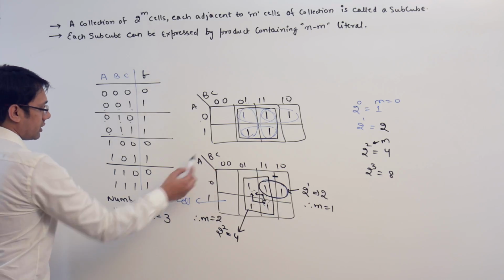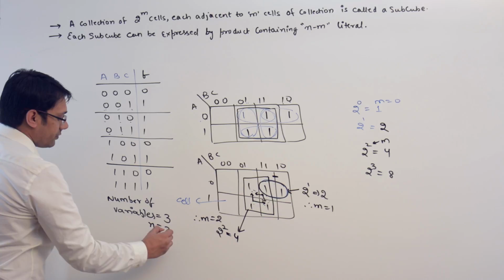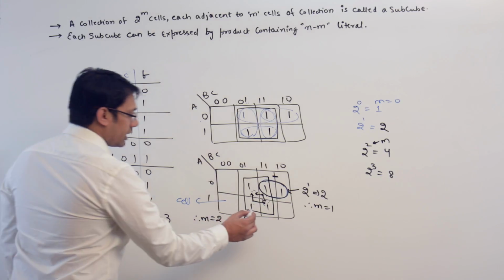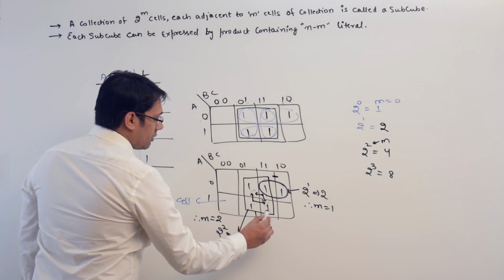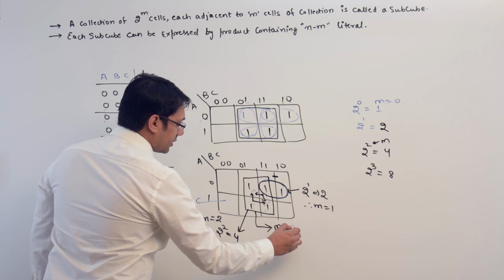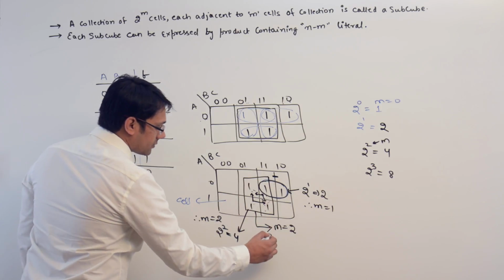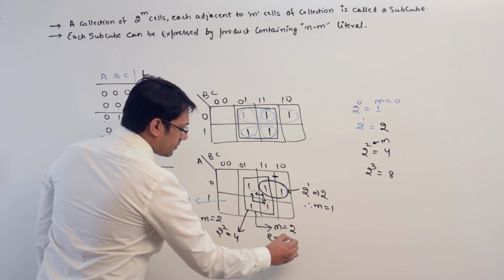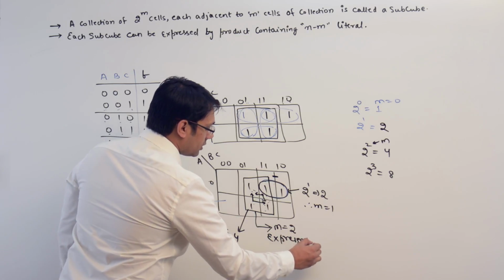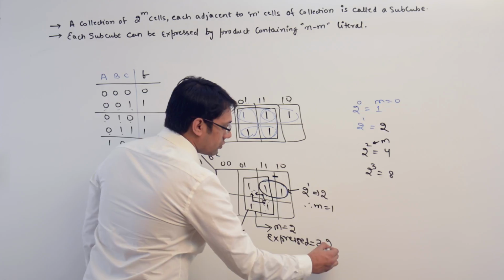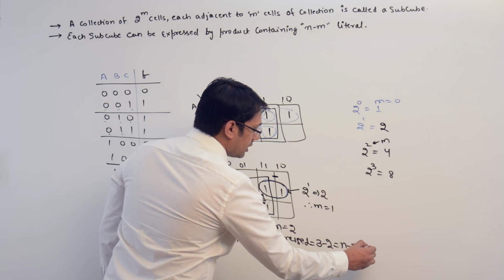So 1, 2, 3, therefore the value of n is 3. Now if you take this particular subcube, for this subcube the value of m is 2, therefore this subcube can be expressed with 3 minus 2, or you can say n minus m literals.